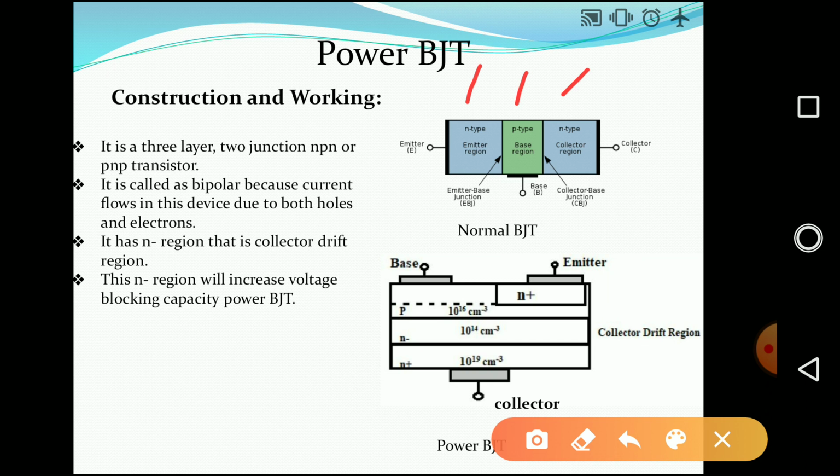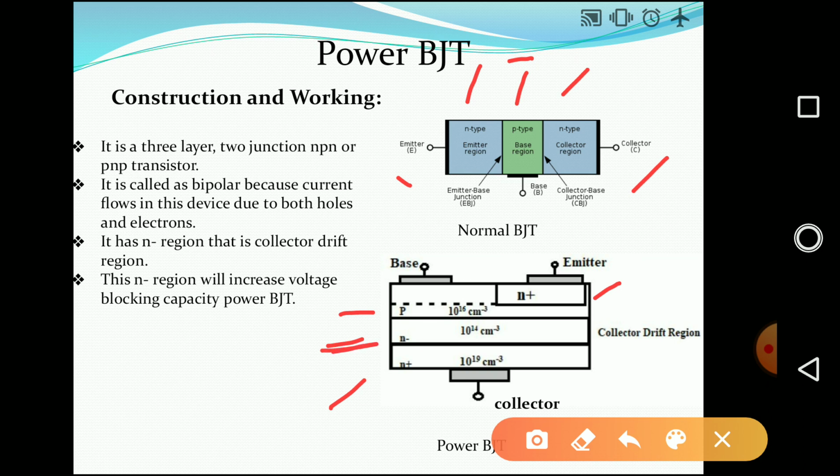The outer N layer is connected to the emitter terminal, the inner P layer to the base, and the other outer N layer to the collector terminal. In the same way, the power BJT has an N plus layer, P layer, N minus layer and N plus layer. So in the normal BJT we have only three layers, N, P, N, but in the power BJT there is an extra N minus layer.